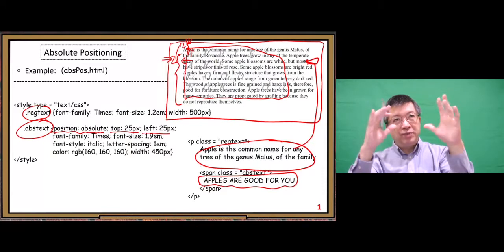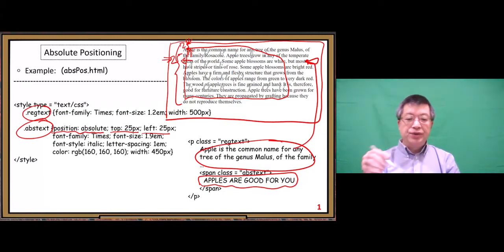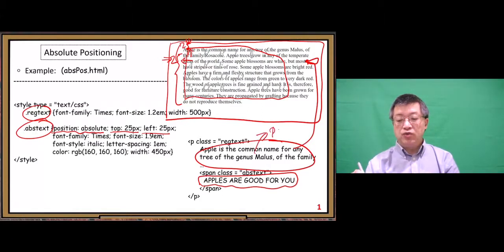Absolute positioning, so that's the meaning. But for example, if you want to make this part positioned, here we use this word positioned. Positioned means non-static. If it's static, we do not call it positioned. Non-static.